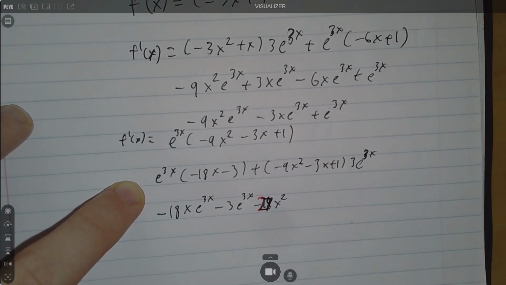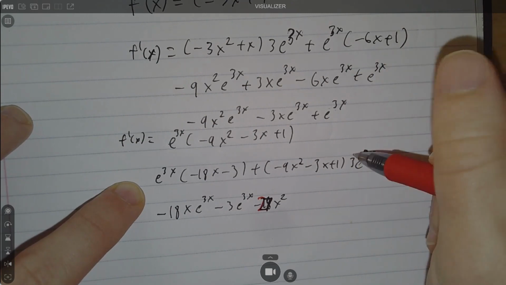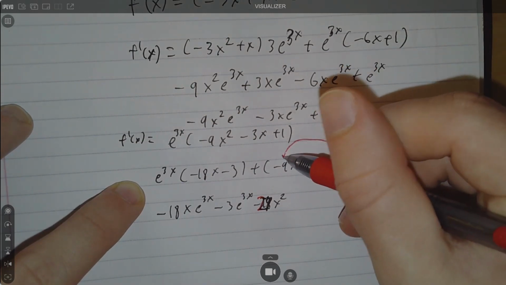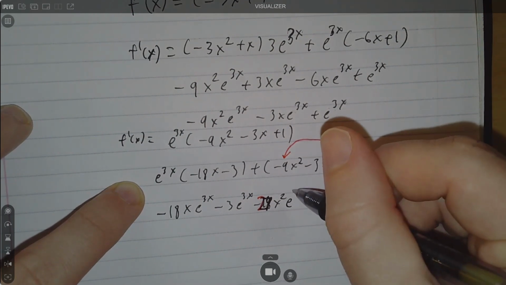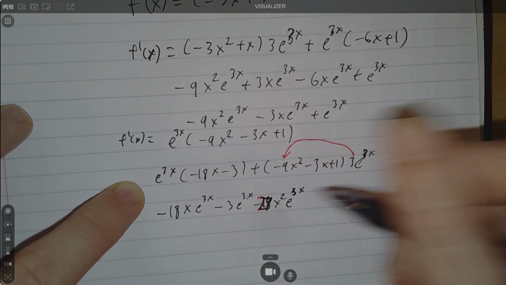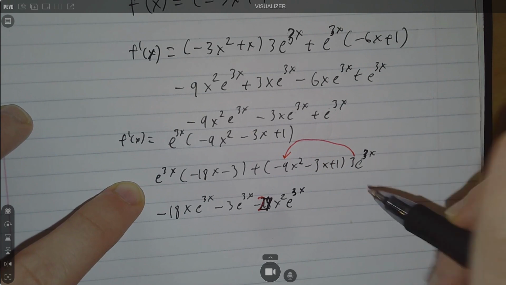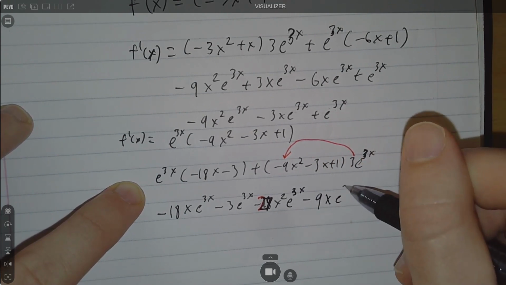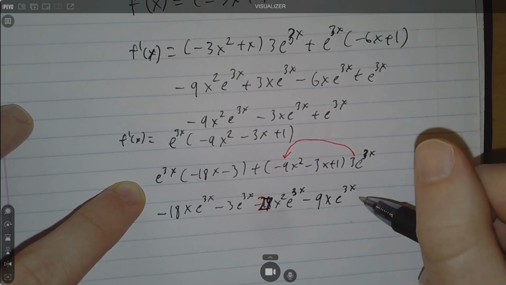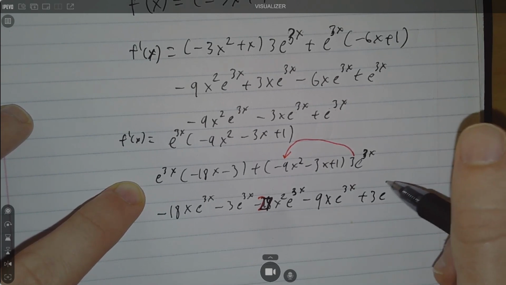Sure that's clear. Because what I'm doing here, again, if that's not clear, is 3 times the 9 is 27. x squared e to the 3x. Nearly got through without making a mistake. There we go. Had to happen. Got it out of the way. Minus 9x e to the 3x plus 3e to the 3x.